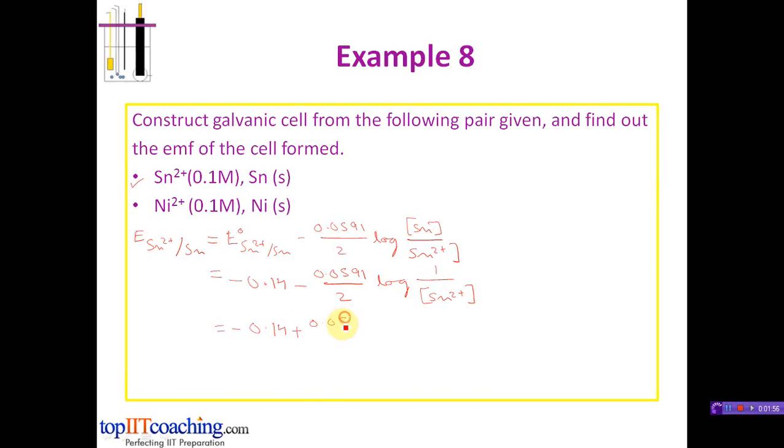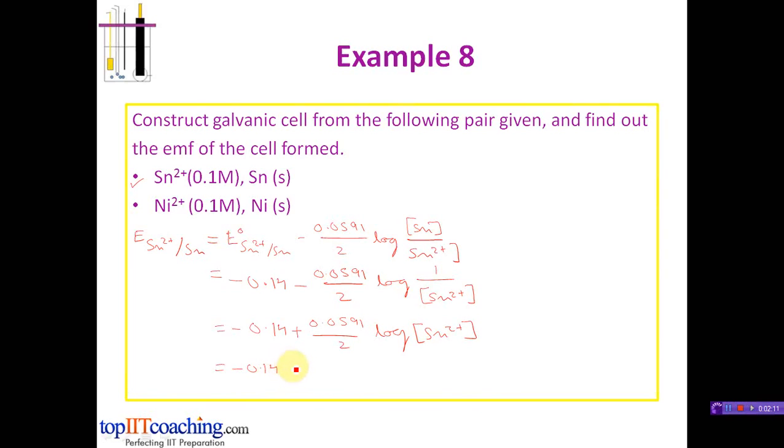This is equal to minus 0.14 minus, in fact we can write it as plus 0.0591 by 2 if we write it as log Sn2+.